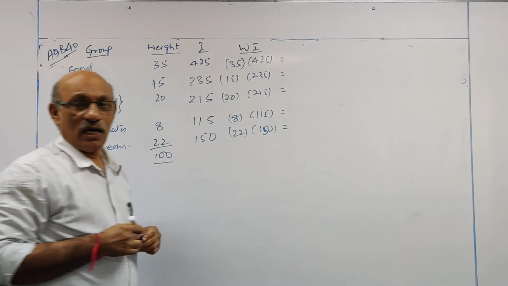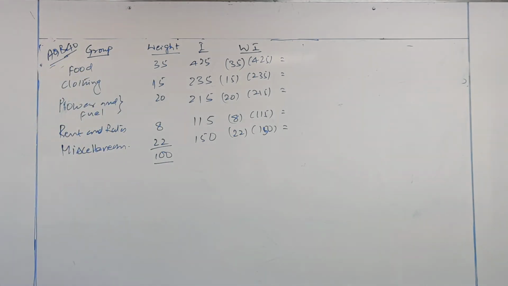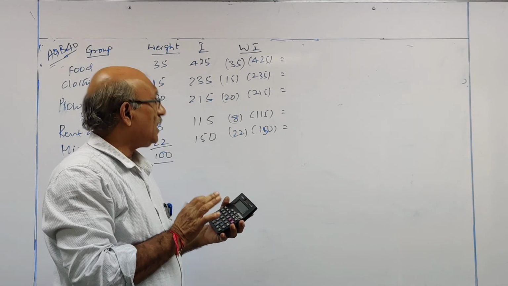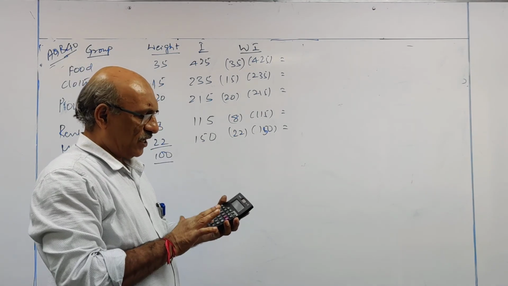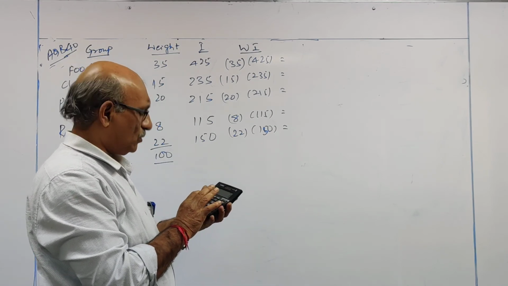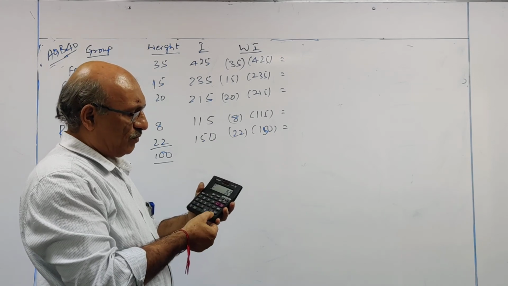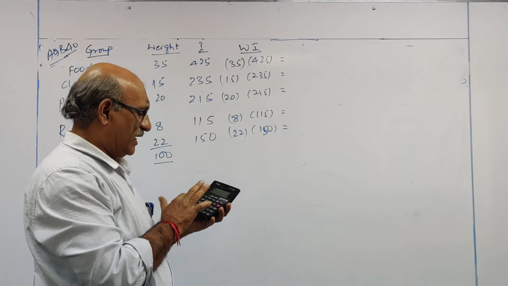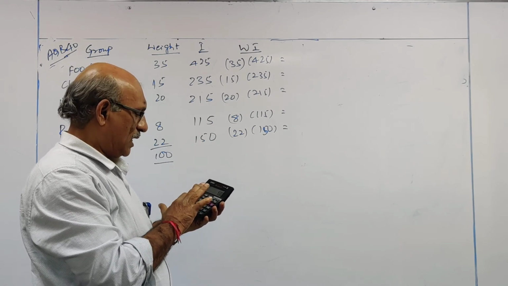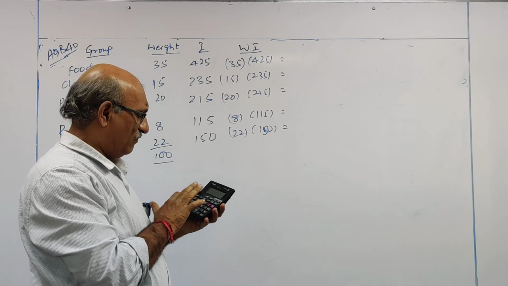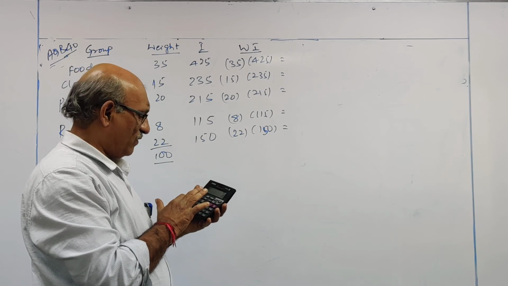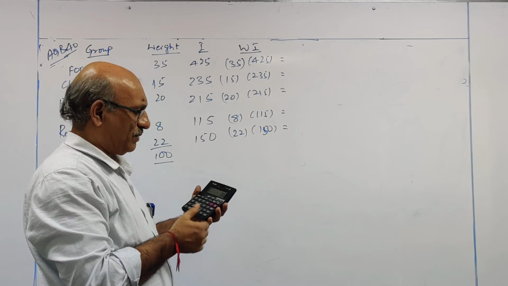To save my time here, I am using calculator, that memory plus concept. 35 into 425 is equal to memory plus. 15 into 235 is equal to memory plus. 20 into 215 is equal to memory plus. 8 into 115 is equal to memory plus. 22 into 150 is equal to memory plus.